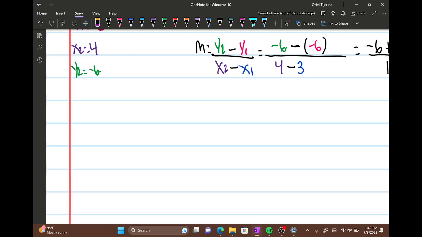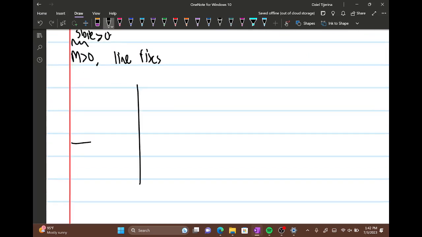Now there are a few definitions to this. This would be if m is greater than 0, meaning that if the slope is greater than 0, the line rises, meaning that it's going to look like this.